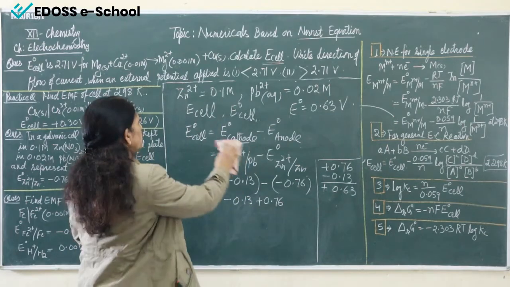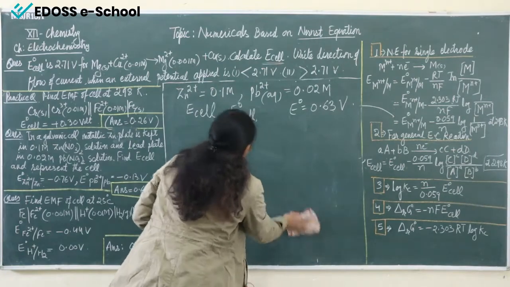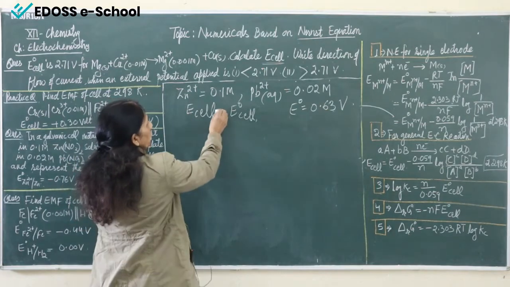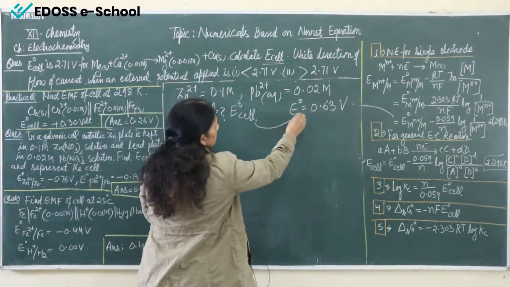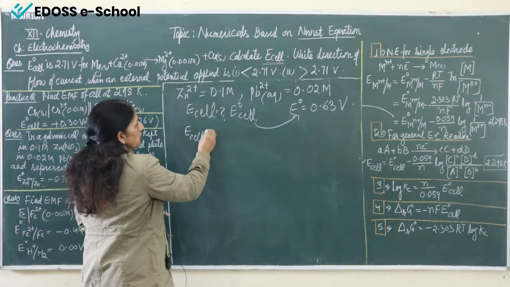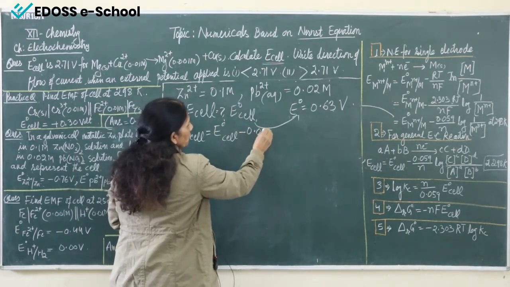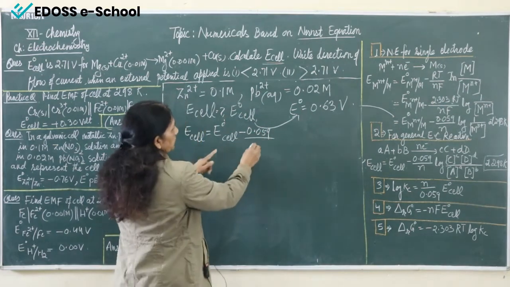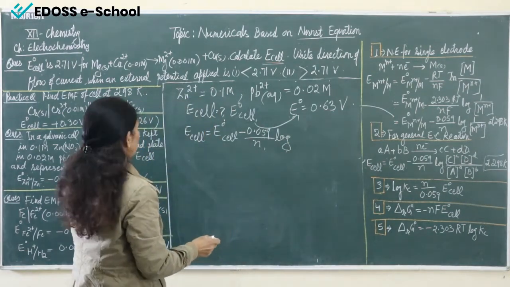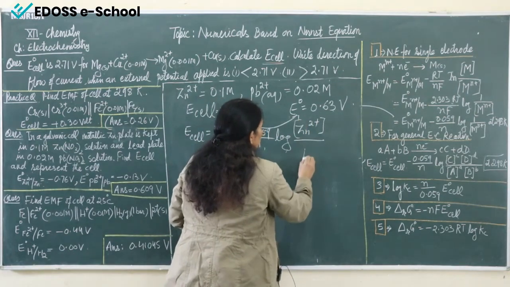Now in the same way write the next equation, which we have to find, and E naught we have already calculated. We will write E of the cell is equal to E naught of cell minus 0.059 upon n, log. First we will write n, and log. Oxidation is for zinc, so we will write Zn 2+ and this is Pb 2+.